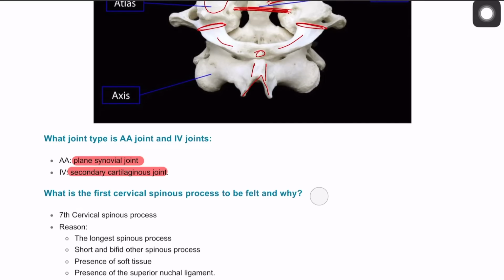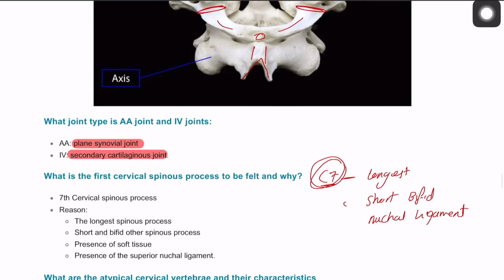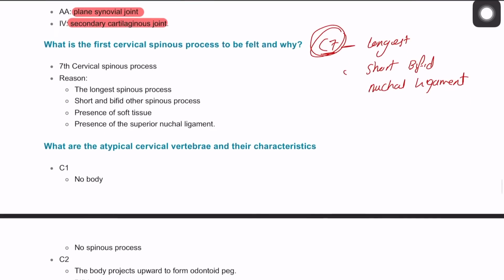The main reason is that it's the longest one, and the other spinous processes are usually short and bifid, and related to the nuchal ligament, which is a tough structure that prevents us from feeling them. So the first process to be felt is C7 because it has the longest spinous process. The others are short and bifid, and you have soft tissue and the superior nuchal ligament as well.